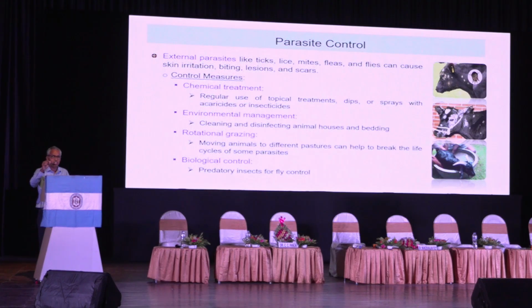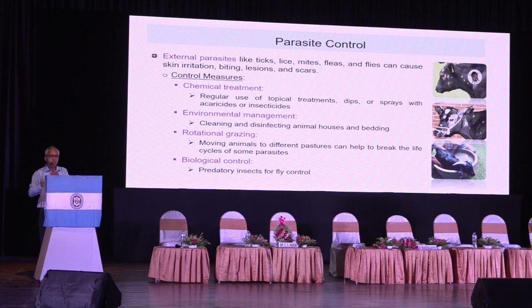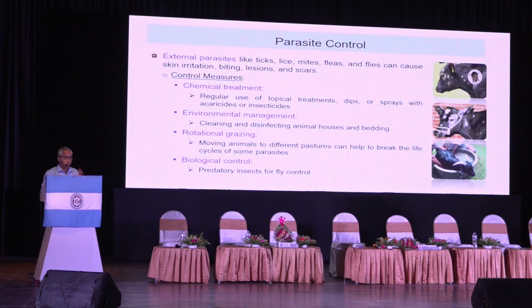Instead of using chemicals or medicines, biological control of parasites, that means to restrict or break down the life cycle of the parasites. This rotational grazing will be very, very vital or helpful. And ultimately the biological control, that means predators that can be used to eat the flies or fleas.